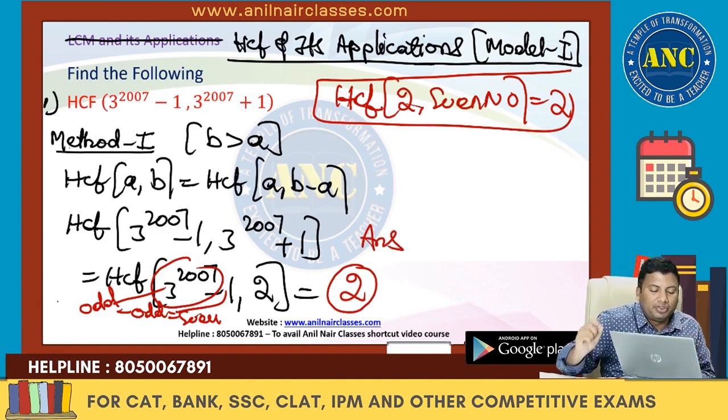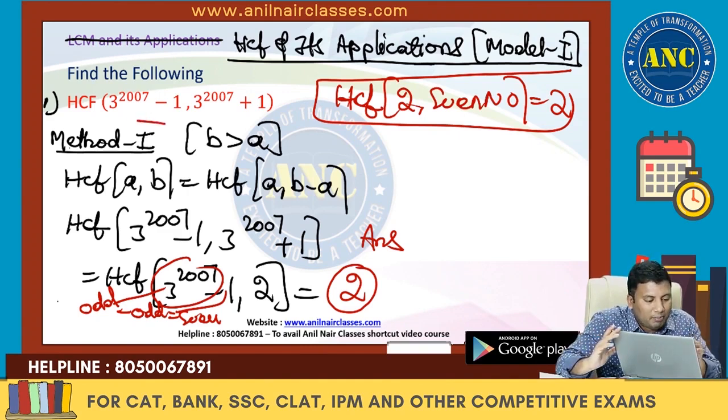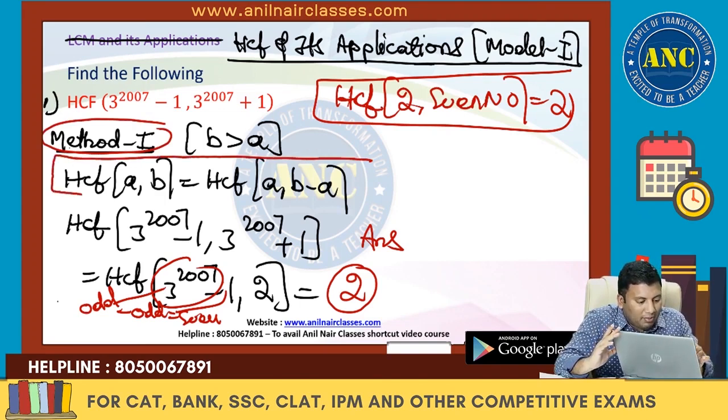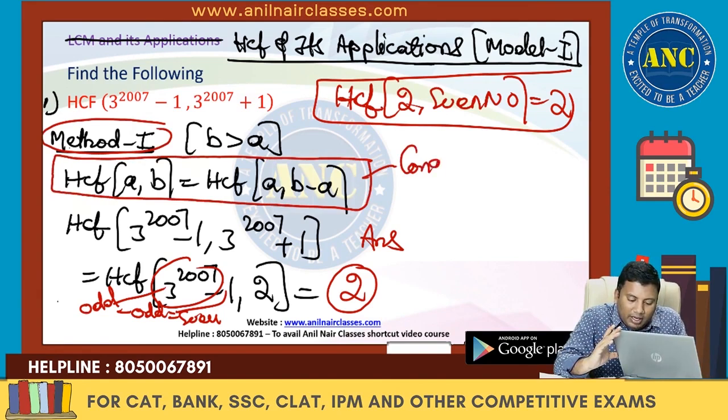HCF of 3 power 2007 minus 1, comma 3 power 2007 plus 1. Two numbers are given. In method 1, we discussed that HCF of A comma B is HCF of A comma B minus A, which is nothing but the congruence modulo theorem.